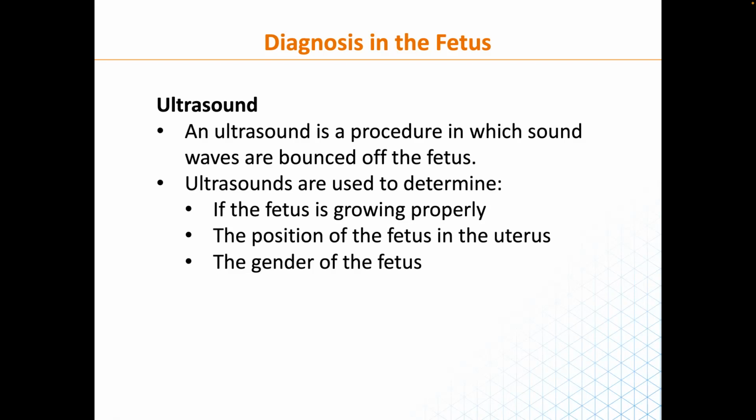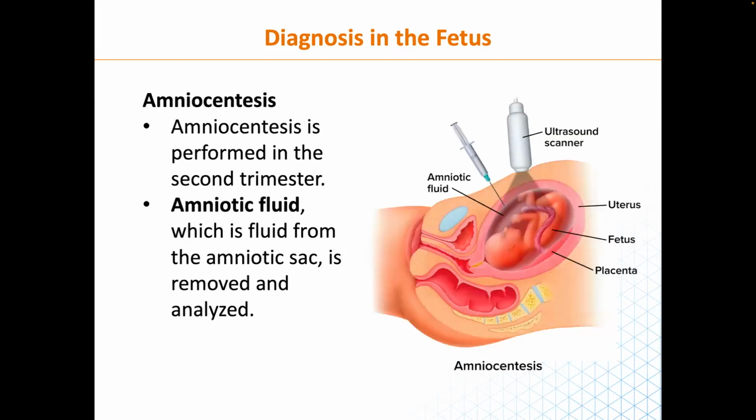And how do the medical doctors diagnose this? There is what we call amniocentesis. Amniocentesis is getting some fluid from the amniotic sac. So you get some amniotic fluid, and this is done in the second trimester.